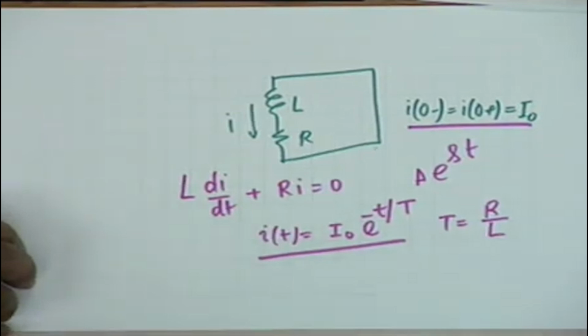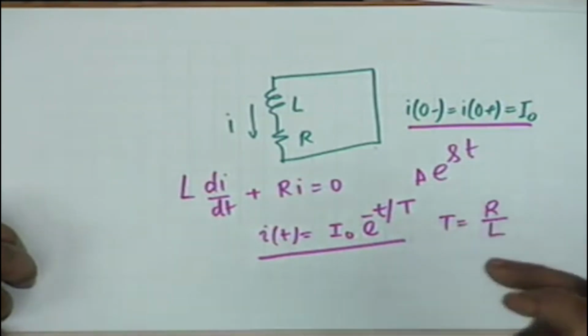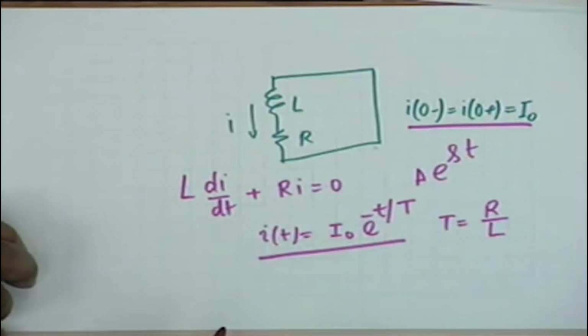This also incidentally brings in another definition of capital T. Isn't that right? What is the definition? One definition of time constant is the time required for the current to drop by 1 by eth of its value at t equal to 0.